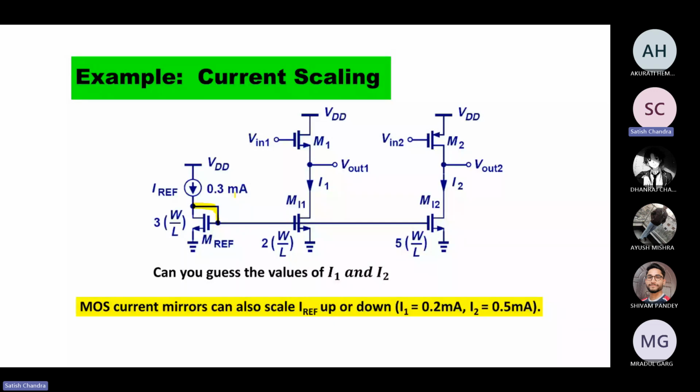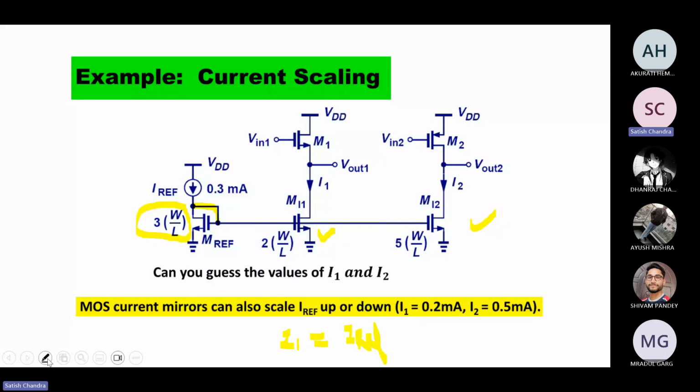Here we are saying that it has a W by L ratio of 3, where the current is coming like 0.3 milliampere, and it is connected to these two FETs. Then what is going to happen? I1 is equal to IREF.